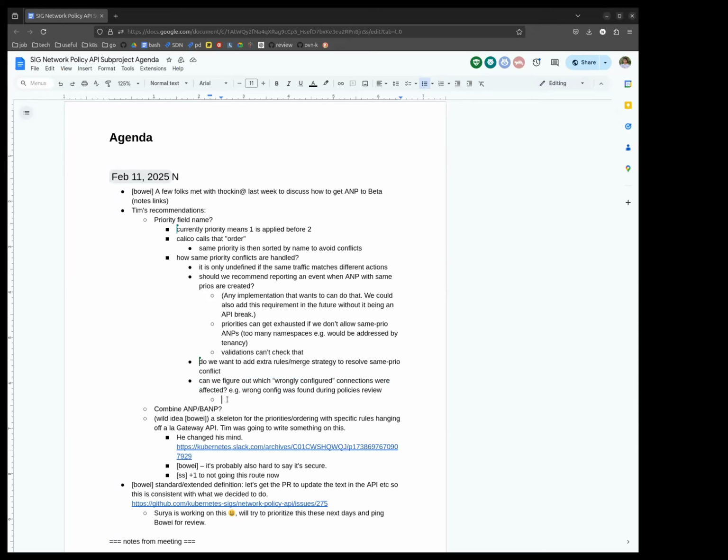It may be none and maybe all of them. So that's where the undefined behavior comes from. But is it good enough to just say you need to consider that all of these connections for which policies overlap could have been wrongly allowed?